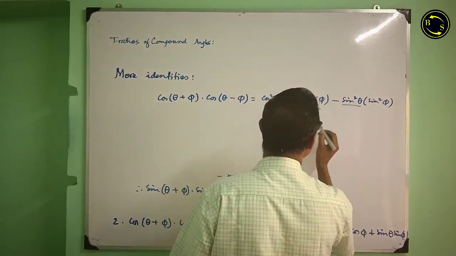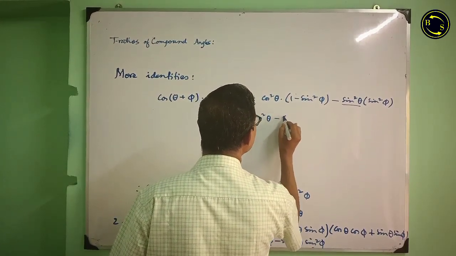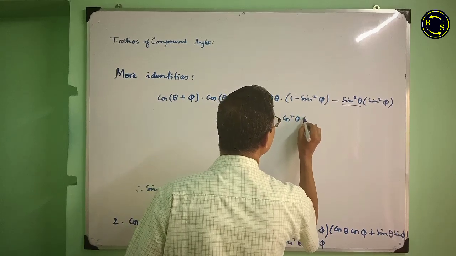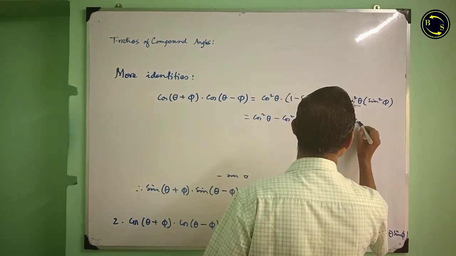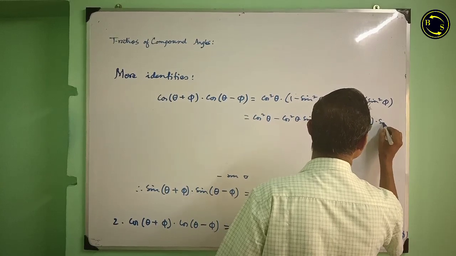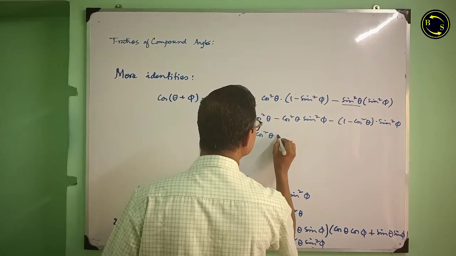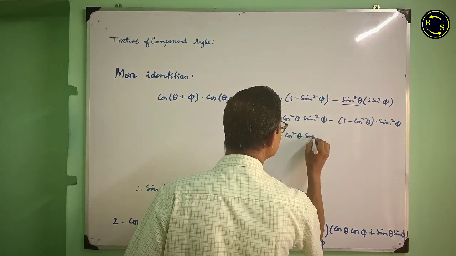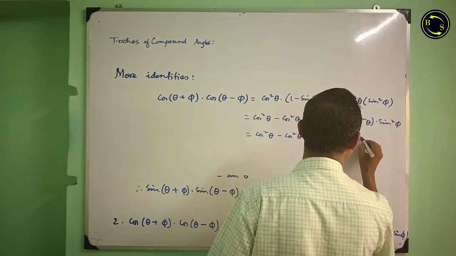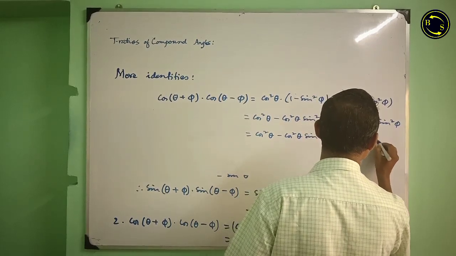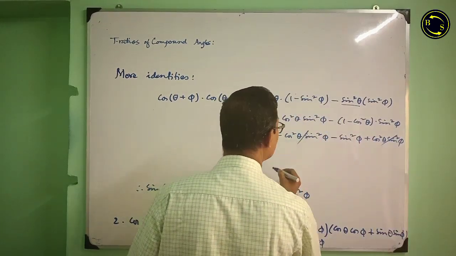We have to replace this sin square theta by 1 minus cos square theta. Cos square theta minus cos square theta sin square phi, minus 1 minus cos square theta into sin square phi, that is cos square theta minus cos square theta sin square phi minus sin square phi plus cos square theta sin square phi. You see these two cancelled.